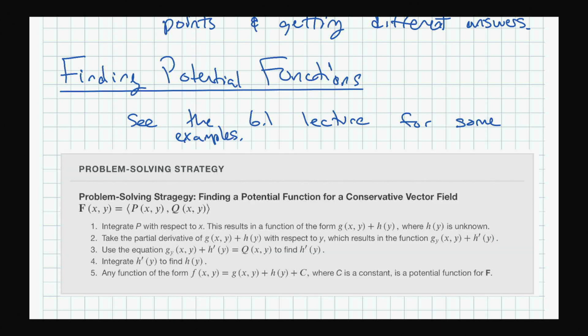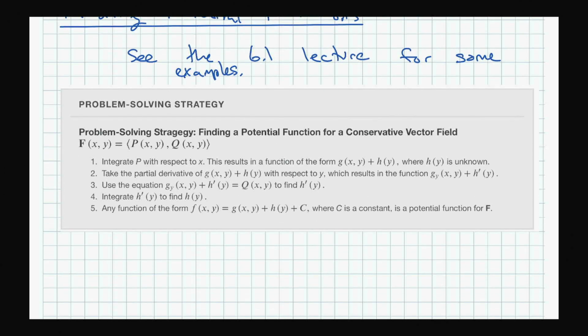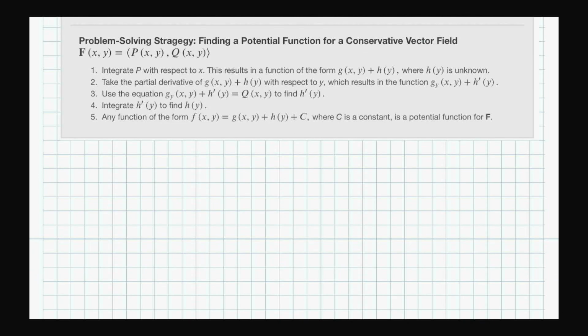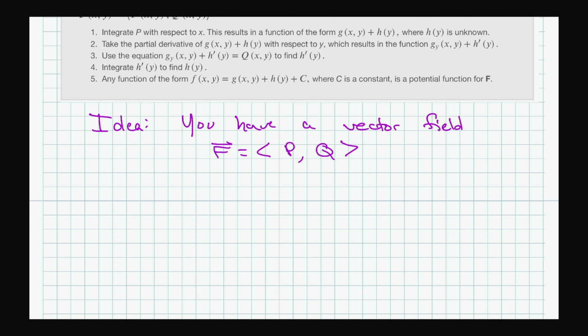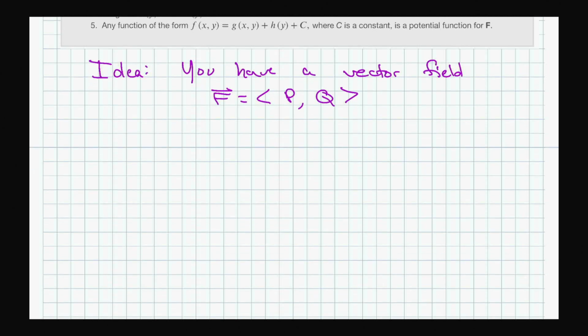So this is our strategy. So remember that what you're going to be doing is basically integrating to get back to the original function, right? So let me just write the idea. You have a vector field, capital F. They say P, Q. Now, if it's conservative, then it has a potential function, right?